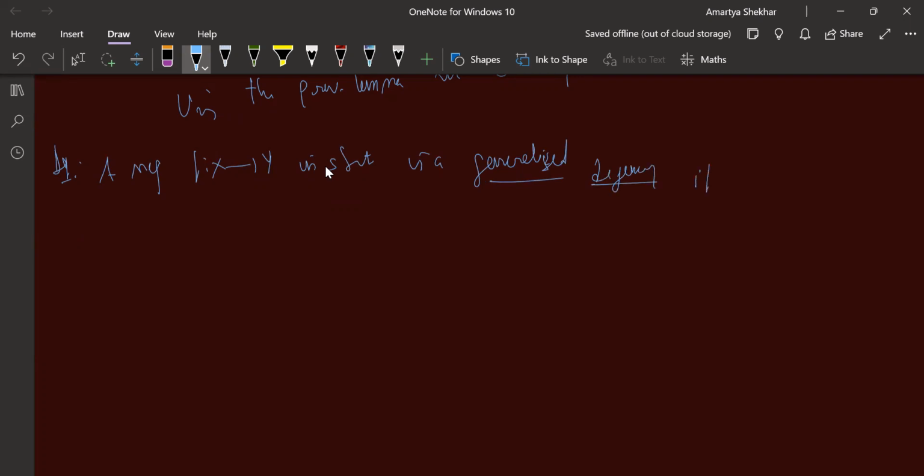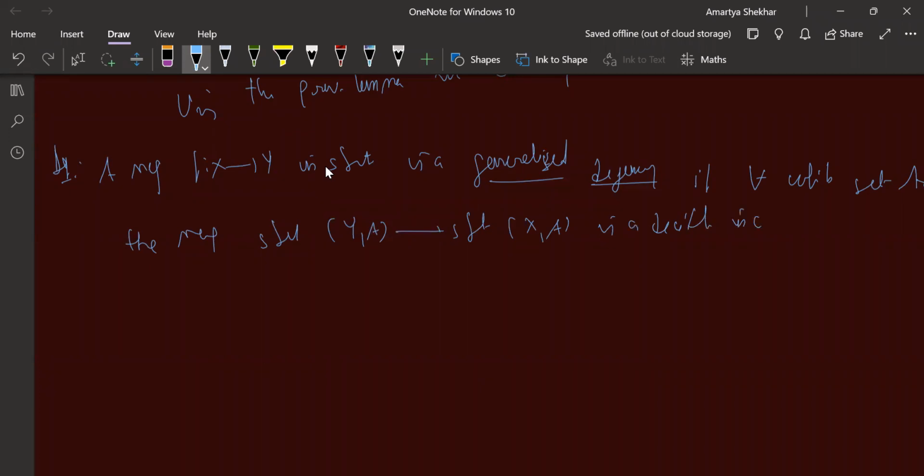A map is a generalized degeneracy if for all cofibrant sets A, the map is a decidable inclusion.